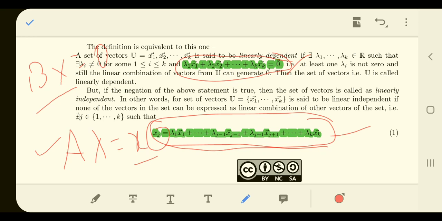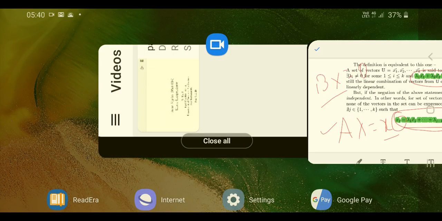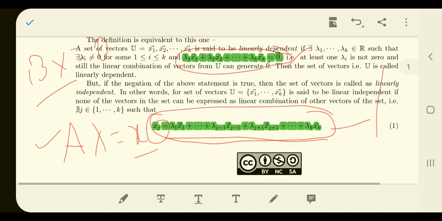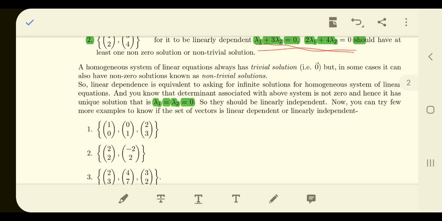These two problems we have solved already, and we are solving them again.